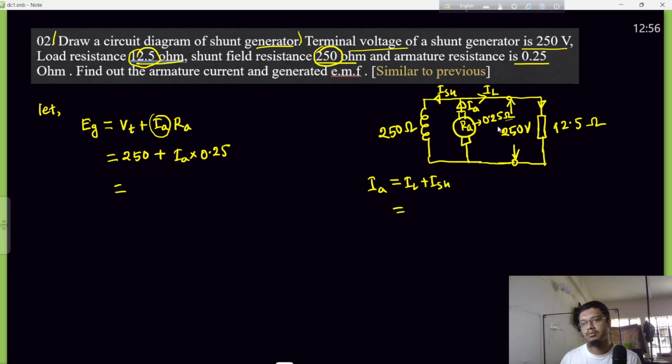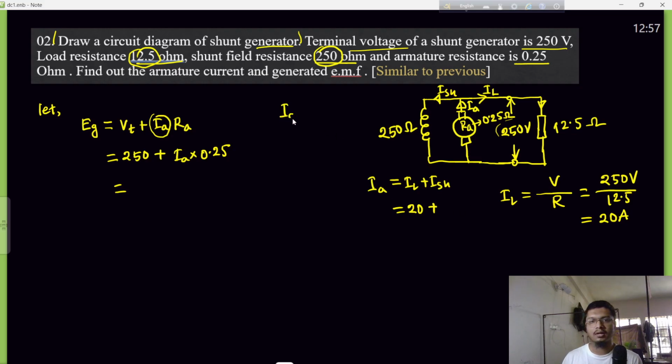We have voltage and load resistance, so according to Ohm's law, voltage divided by resistance. Terminal voltage is 250 volt and resistance is 12.5 ohm, so the load current is 20 ampere.